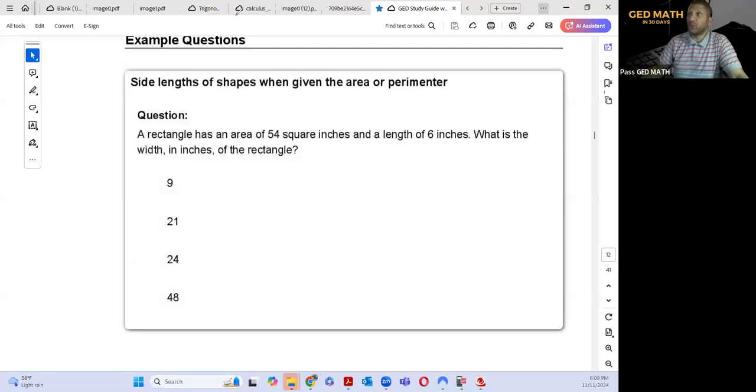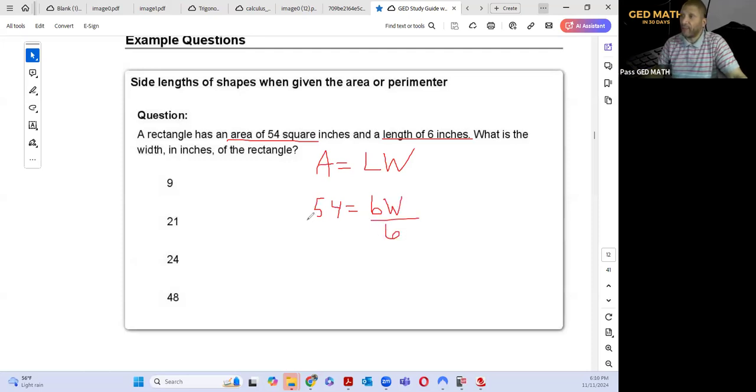Algebraically, you will go to your formula sheet and it will tell you that area is length times width. You identify your givens. Your area is 54, your length is 6. You substitute those in. 54 equals 6 times W. This now becomes a one-step algebraic equation. Divide both sides by 6. W equals 9.